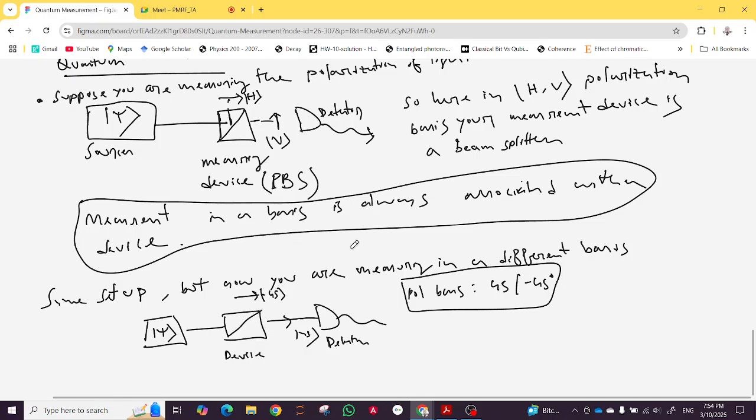So can you use the same device, this polarizing beam splitter? You cannot use the same one, because this PBS will give you vertical here and horizontal in the up.